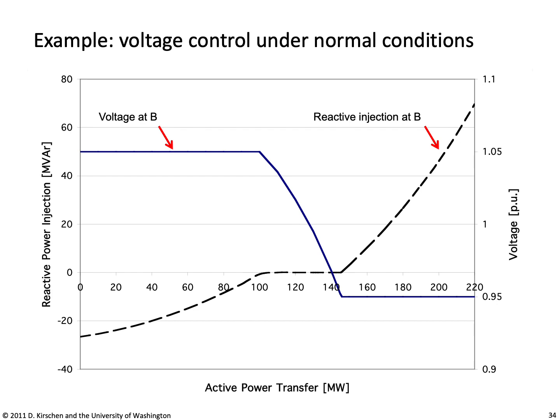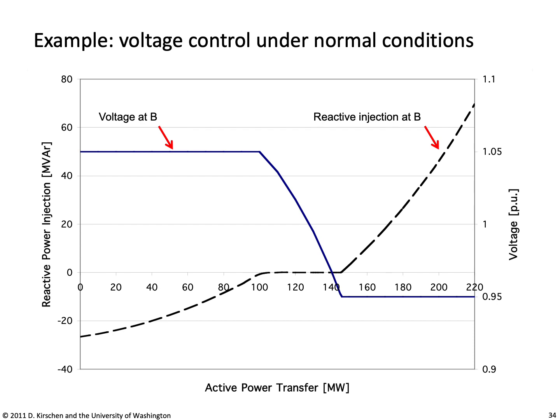Therefore, to keep the voltage at B at or below 1.05 per unit for values of the active power transfer less than 100 megawatts, the generator at B or the reactive power injection at B has to be negative.